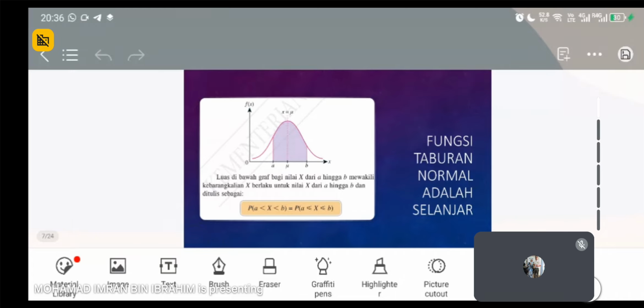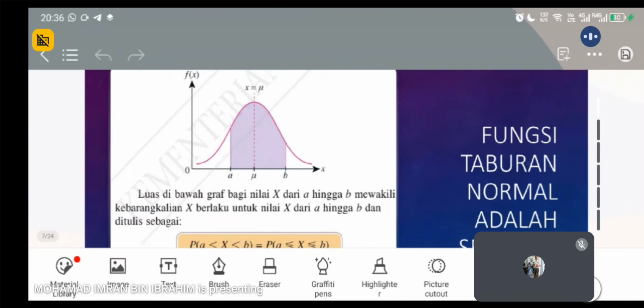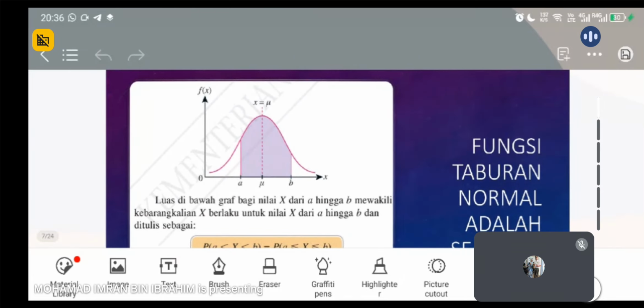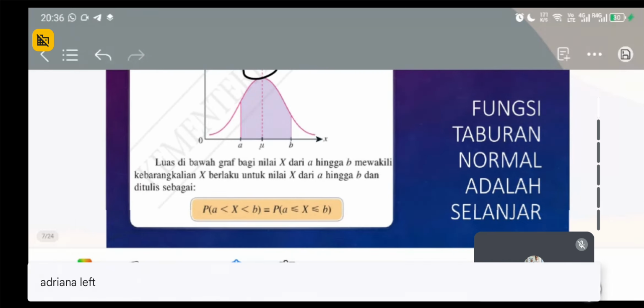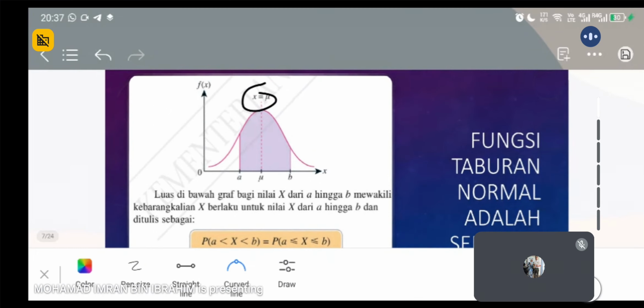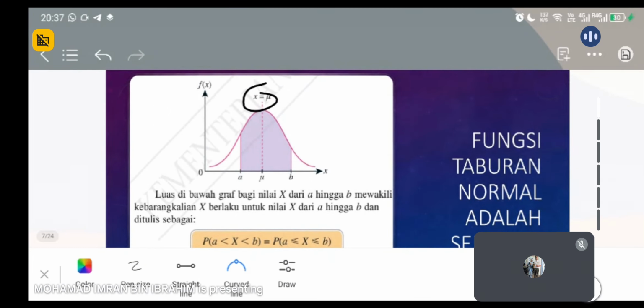Okay, now take a look at this graph. You can see this. We already know that x is equal to the mean, and then we know the rest. Now we know all this.